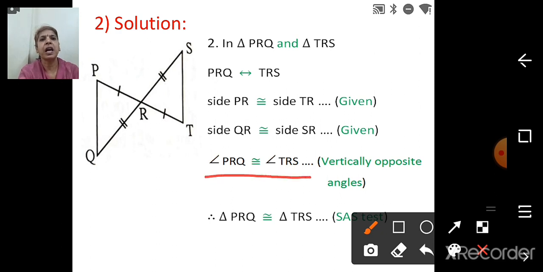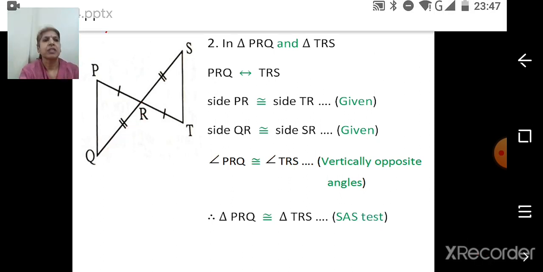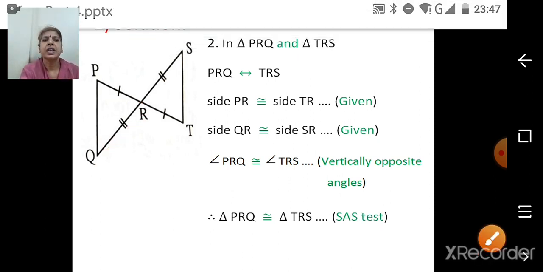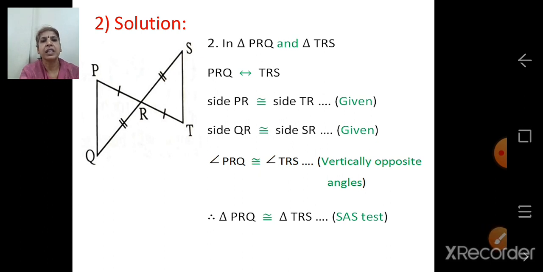Reason is vertically opposite angles. Therefore, triangle PRQ is congruent to triangle TRS by which test is it? SAS test. These two triangles are congruent.